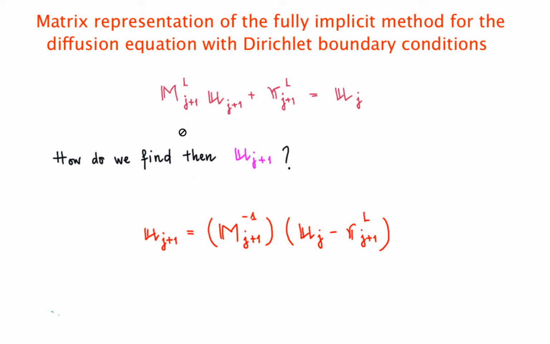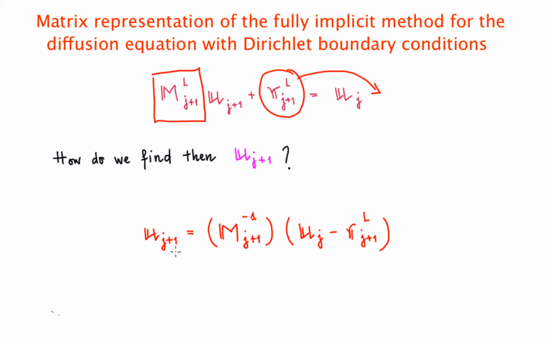How to get that? That's pretty easy. Basically, you just bring that R vector to the other side, and then the matrix goes to the other side by using the inversion. We multiply this by the inverse of the A matrix we have just defined, evaluated at time j plus 1.